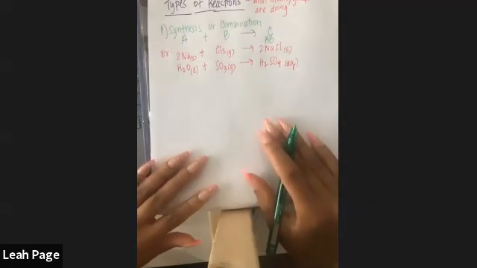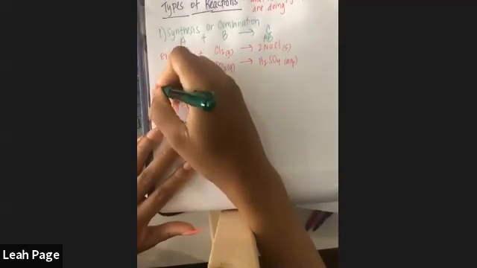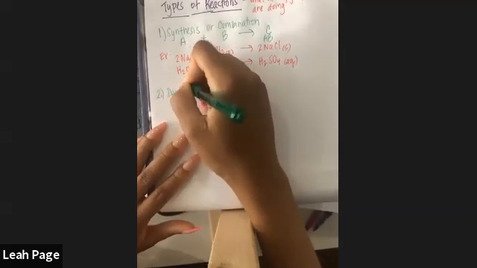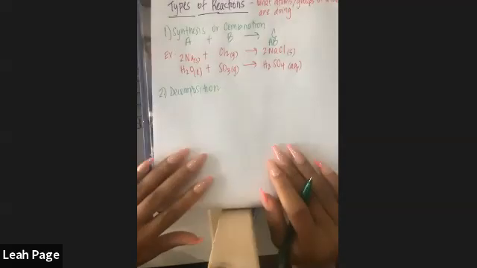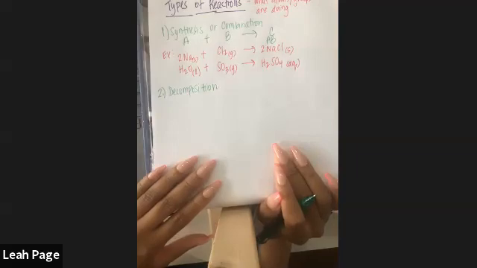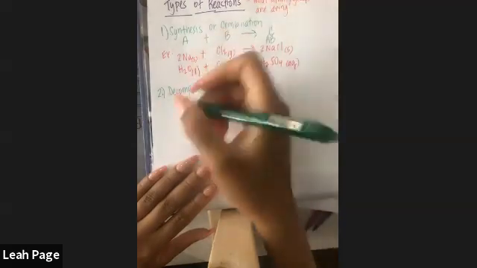All right, so this is combination. That's the first type of reaction. Second type of reaction is a decomposition. A decomposition is when something decomposes or breaks down. So it's the opposite of the combination or synthesis.